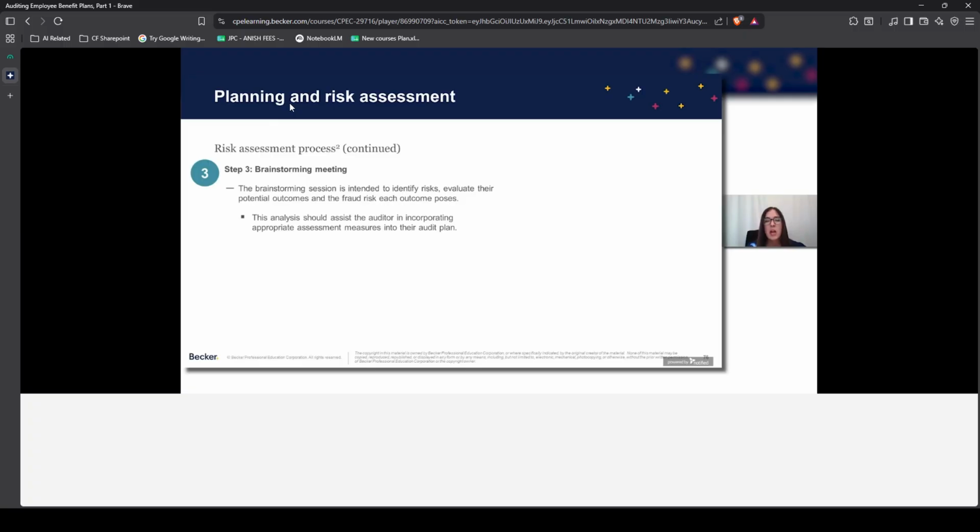So many times I see auditors where the only thing that they have documented is on a checklist that says who attended and when, and then the checklist lists out all of these things that should be considered, but there's no indication anywhere of the actual risk that are relevant to that plan. So be sure you document the actual risk relevant to that plan.